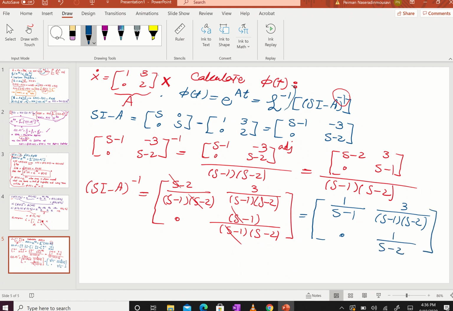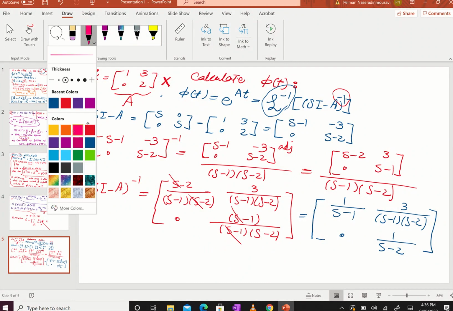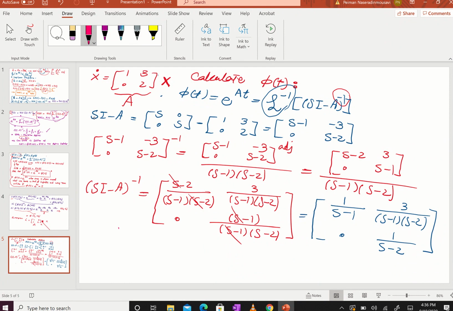But you have to use the inverse Laplace to calculate the state transition matrix. So what we're going to have is the inverse Laplace on this matrix. If you remember the undergraduate control course, we know that the Laplace of e to the plus or minus At is 1 over s minus or plus a.